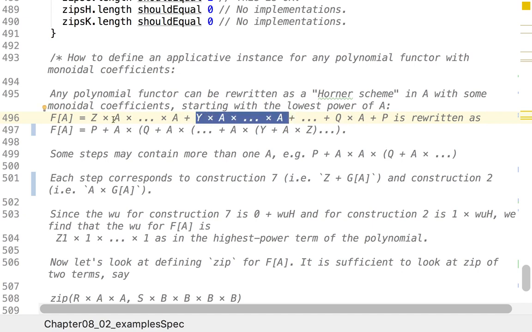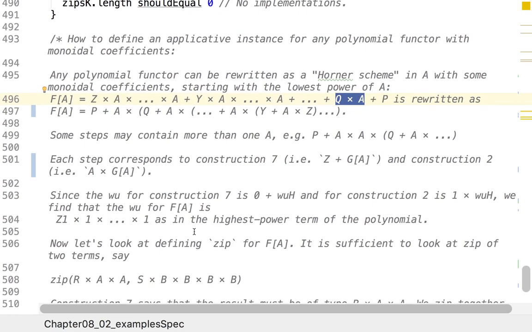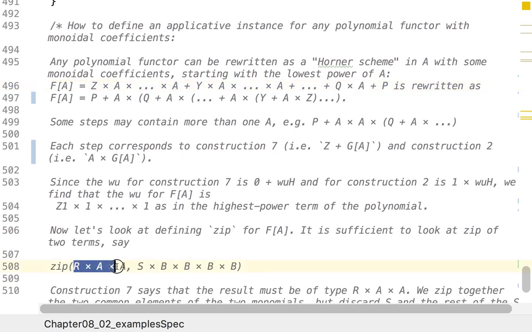So it's one of these. Well, it's either this or maybe it's this. So it's sufficient to be able to compute zip for two monomials like this.